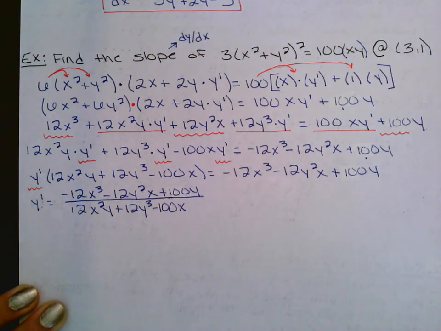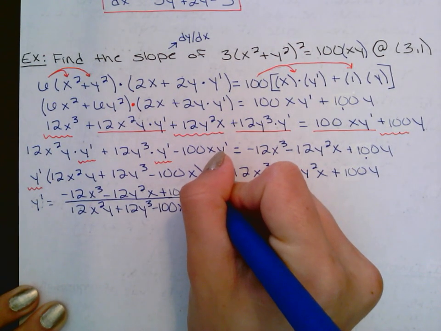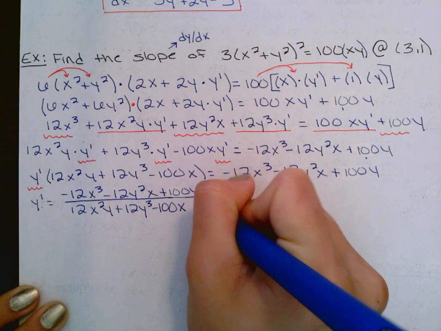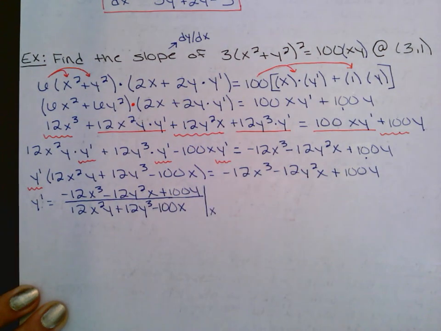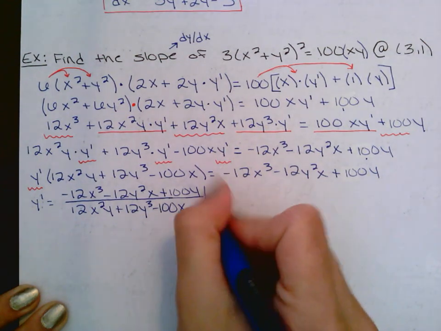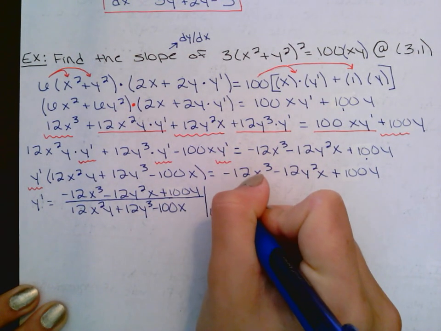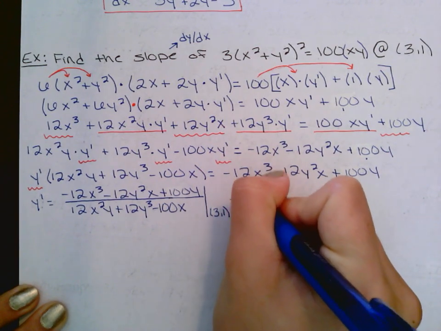All right. So now we have to take into account that they want this, and here's a notation you're going to start learning in calculus. So you put a line, which means at, actually we don't have to put x equals, we can just write the ordered pair. At 3, 1, which just means you're going to rewrite all this, negative 12.